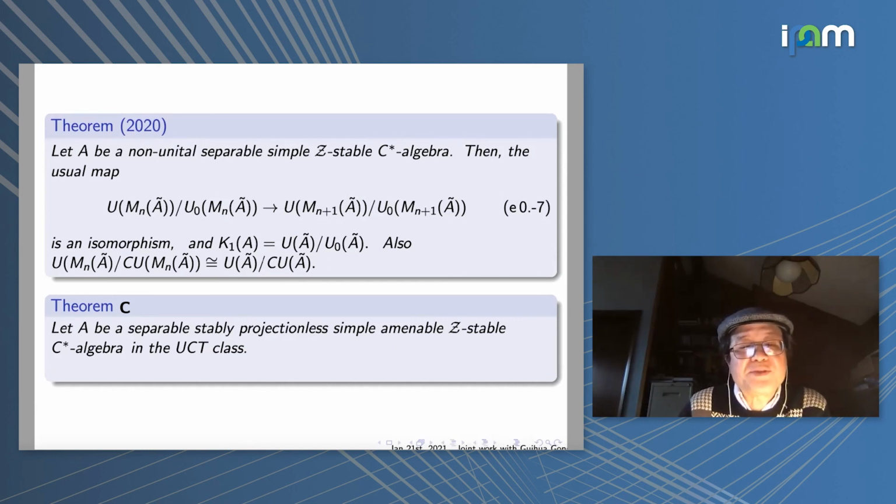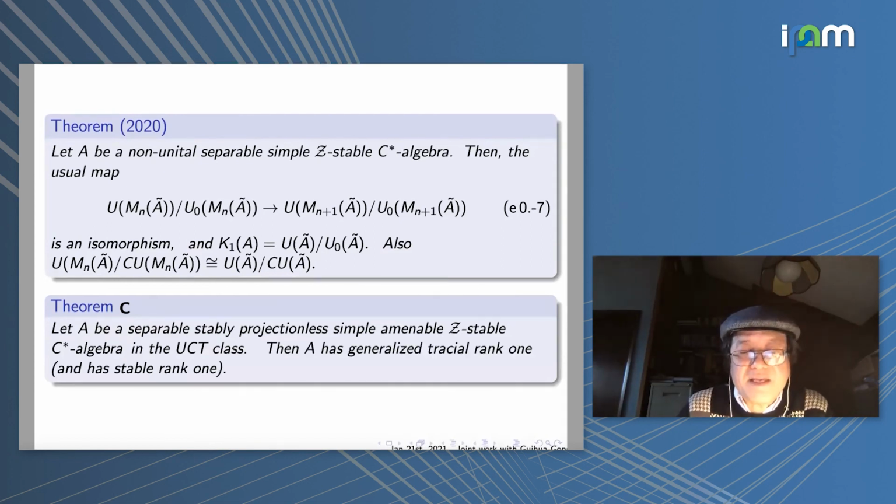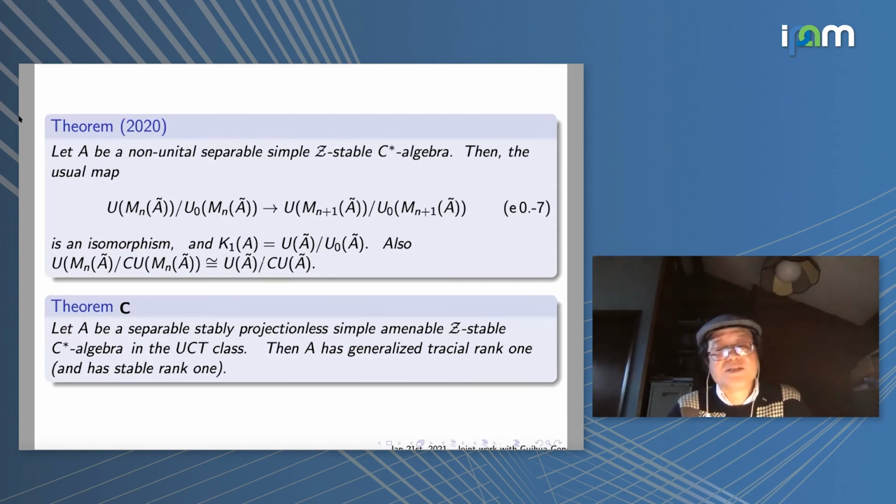That is, if you start with a separable stably projectionless simple amenable Z-stable C-star algebra in the UCT class, then it has generalized tracial rank 1 and it has stable rank 1. We don't know in general it's true, but in this case it is. So this is what we call the reduction theorem.